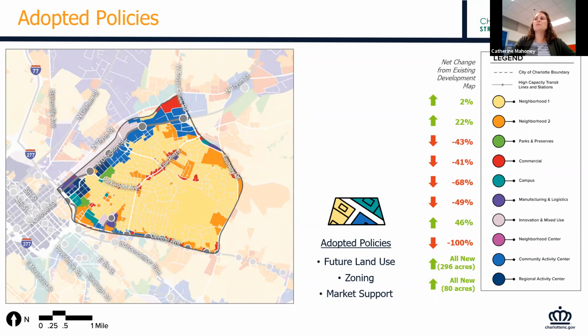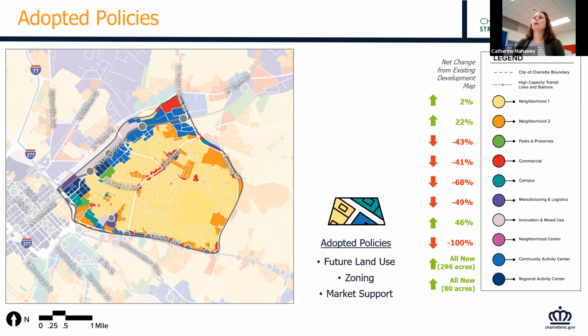And so the blues that you see along that line represent community activity centers and regional activity centers as recommended by the Blue Line station area plans. For the remainder of the area, we leaned heavily on zoning as a major input. The idea there is that we don't want to take away existing entitlements with this future looking map.